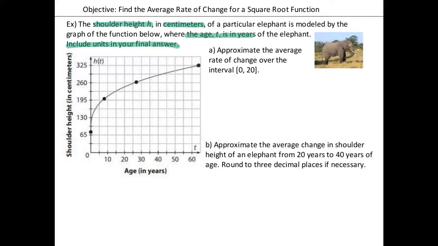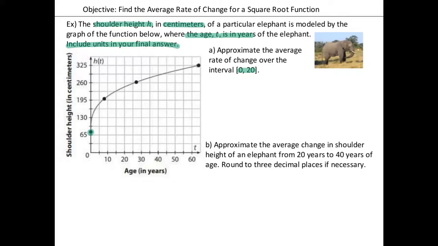And so we see the graph for the elephant here, the ages in years. So when a particular elephant is born, and at 10, 20, 30, 40, 50, 60 years old, and so forth. Okay. Part A is asking you to approximate the average rate of change over the interval from 0 to 20.